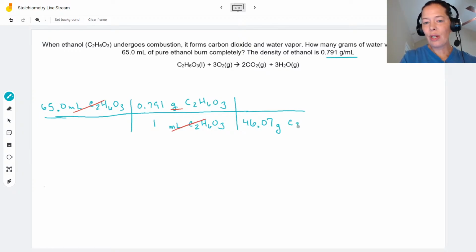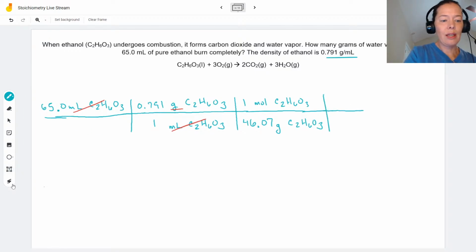Okay, so that's grams of ethanol per 1 mole of ethanol. Again, let's make sure that this has canceled like I want. So yes, grams of ethanol is canceled. Now I have moles of ethanol. Now I'm ready to use my mole ratio.